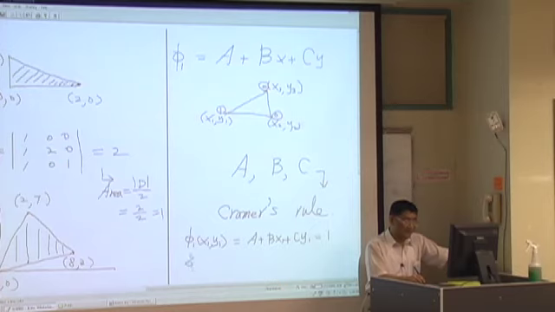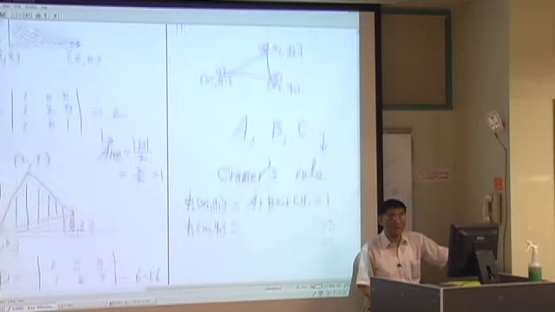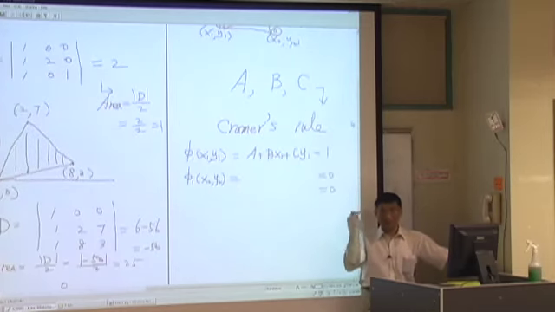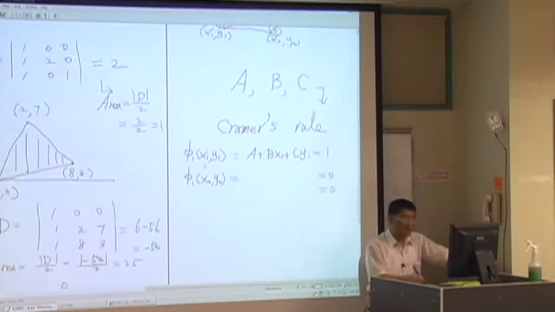And P1 at x2, y2 is, by this definition, what? 0. And similarly 0. Then you have 3 equations and 3 unknowns, right? Then we can determine A, B, C, right?